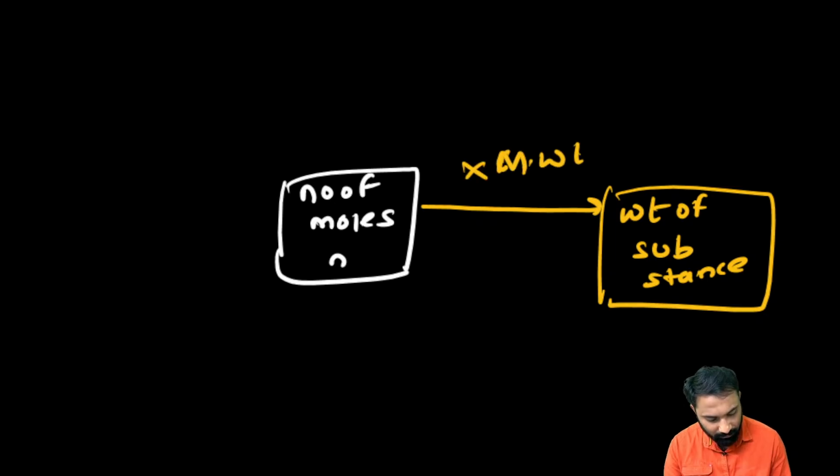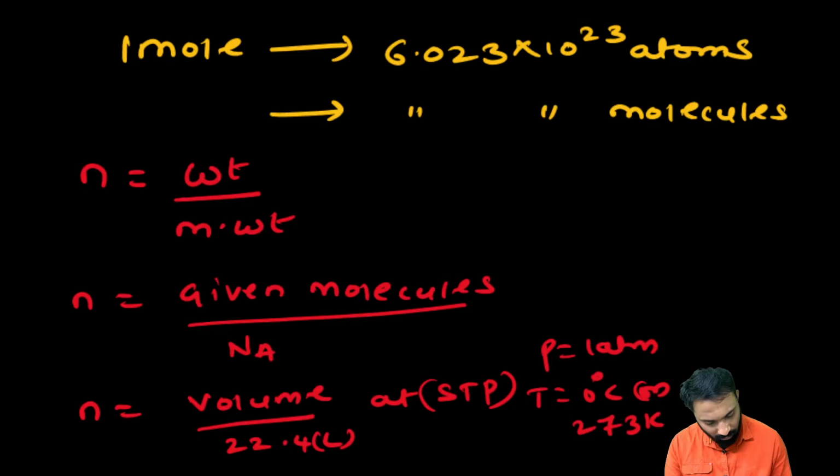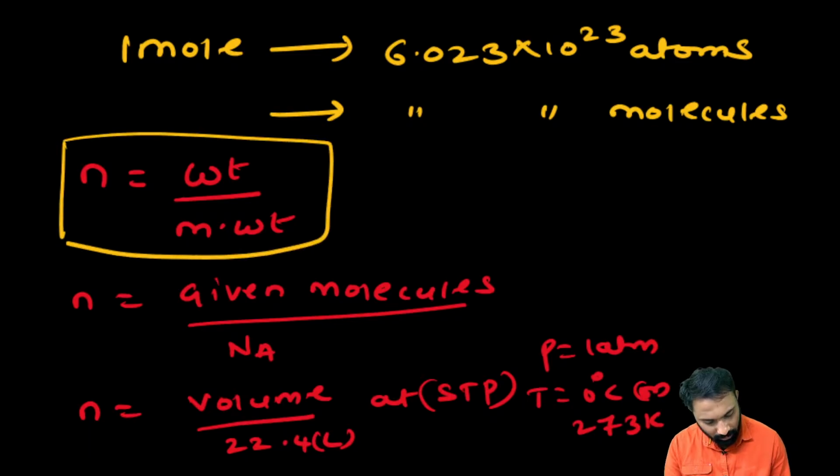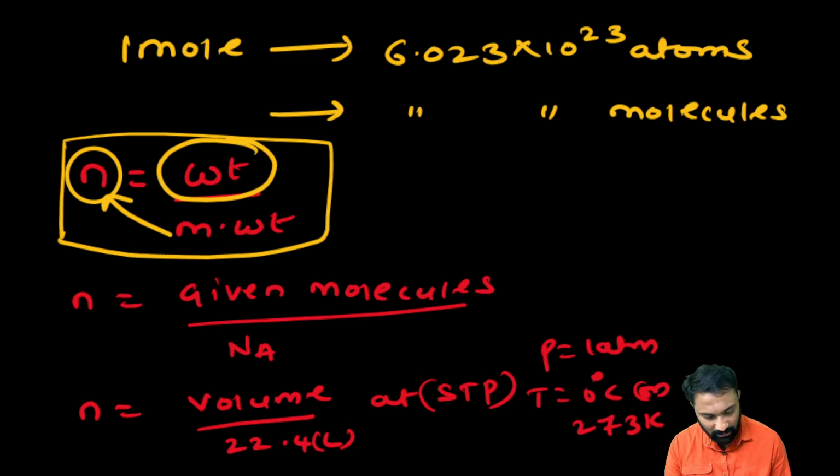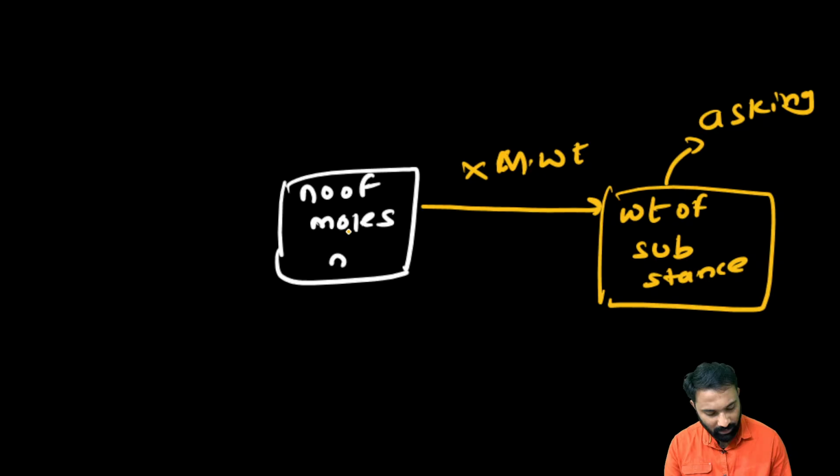molecular weight. See here what is the formula: weight by molecular weight. If they are asking the weight, they will give you the number of moles in the question, and you cross multiply with the molecular weight of that substance, then weight of that substance will be equal to n into molecular weight. That only I have written here. Number of moles into molecular weight, if I multiply, I will get the weight of the substance.